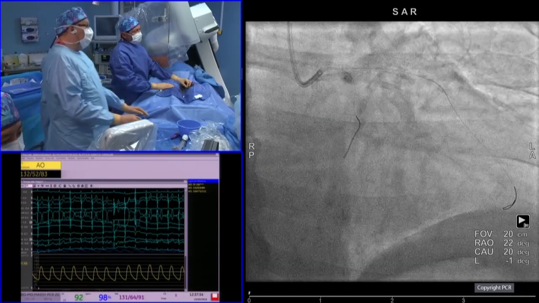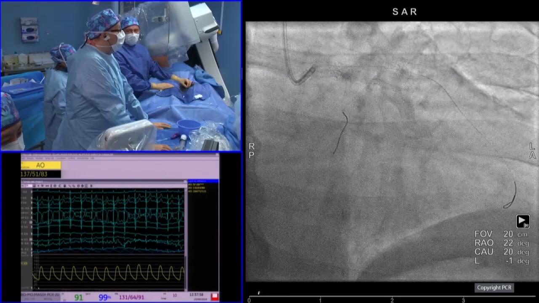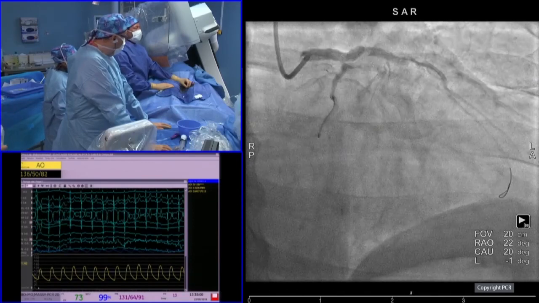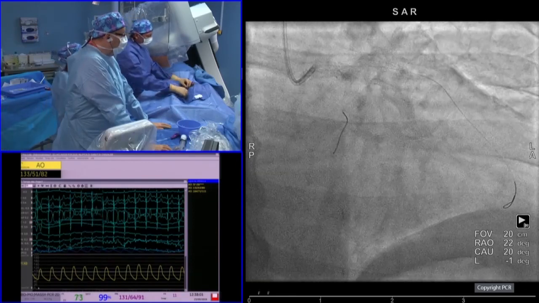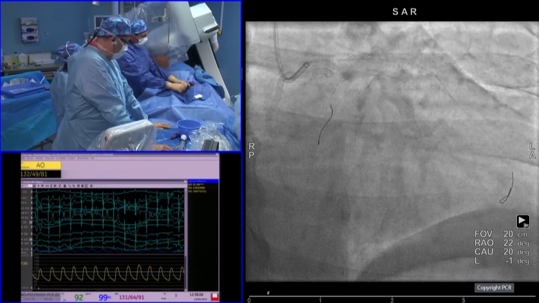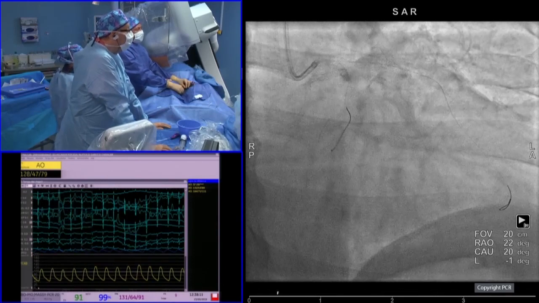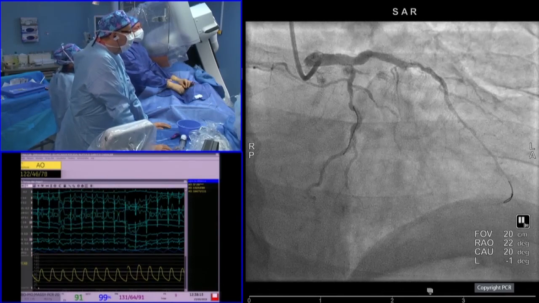And the result is good on the left main, I think, after the POT. We will check that with the OFDI. But if you agree, our plan is now to use a new run-through wire and go in the circumflex to access the circumflex and have a kissing balloon inflation.